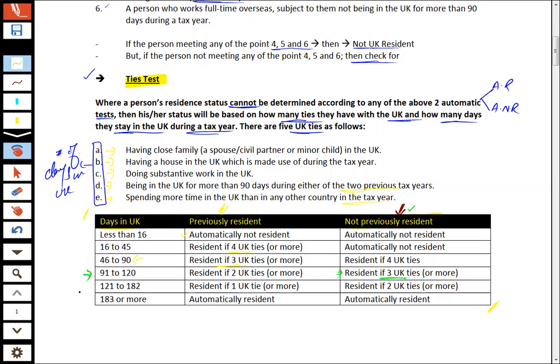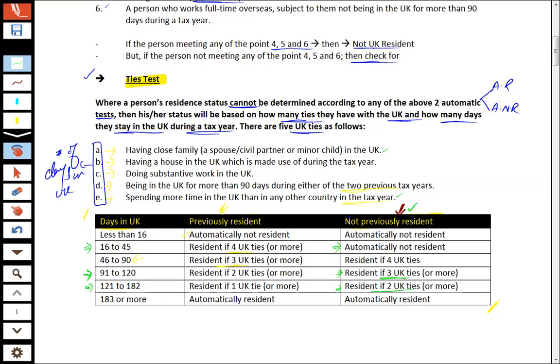If a person is spending 121 to 182 days and was not previously resident, then he is required to meet at least 2 UK ties, from any of these 5 points. And if a person is spending 16 to 45 days in the UK in this tax year and was not previously resident, then the person would automatically be treated as not resident.